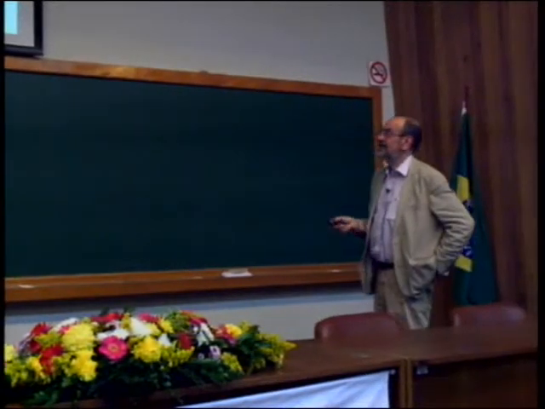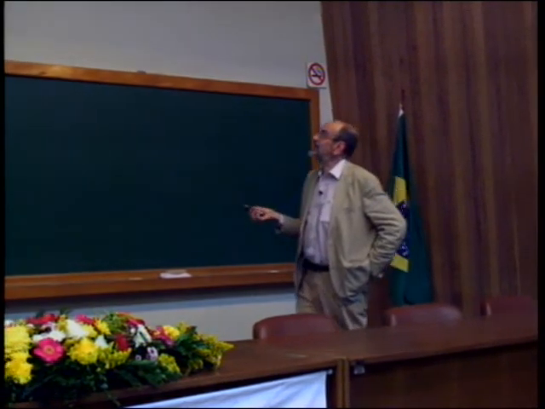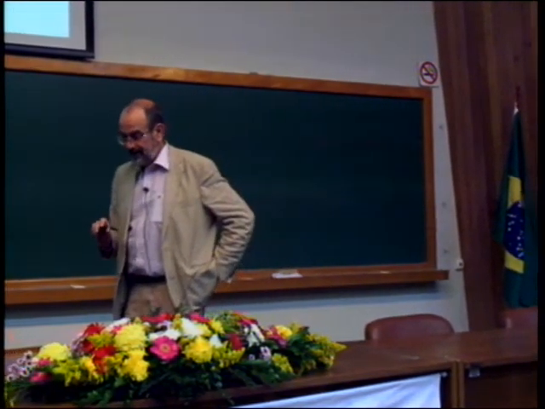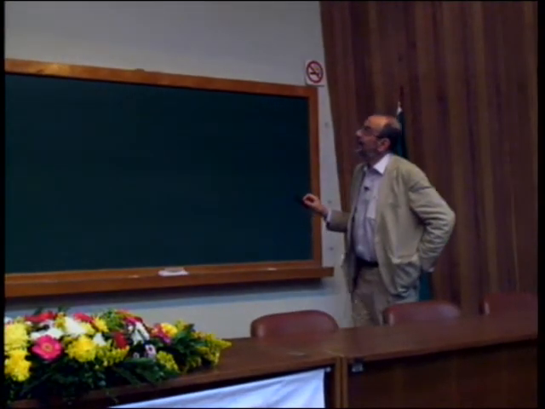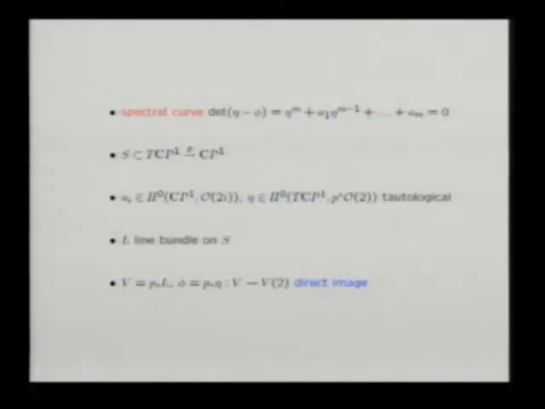So this is the Higgs field in this case, and because we're in one dimension, this non-linearity condition is satisfied trivially. So you could say that in dimension 1, I just give you a triple of matrices, and that gives you a co-Higgs bundle, a generalized holomorphic bundle. If you want to study these, then the thing to do is to look at the so-called spectral curve. So you look at the characteristic polynomial of phi.